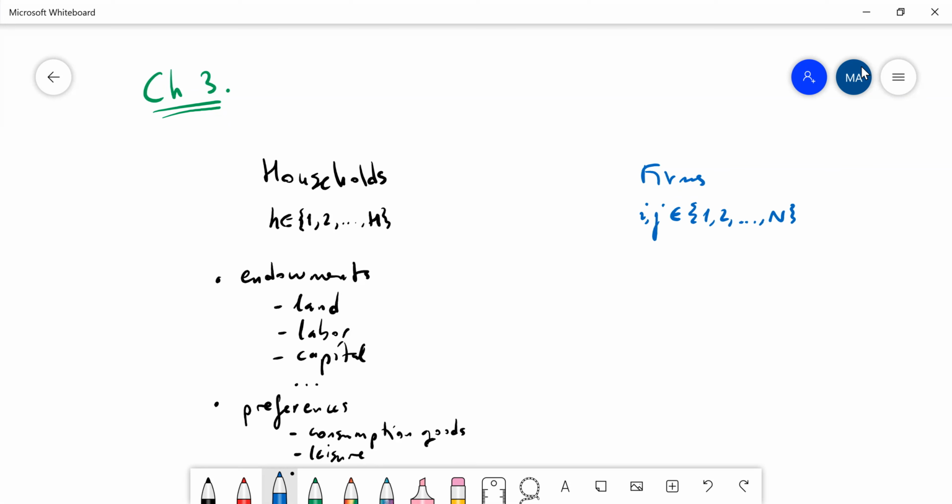So you might imagine that they have preferences for consumption goods or leisure, and things like that. On this side, we will have firms.